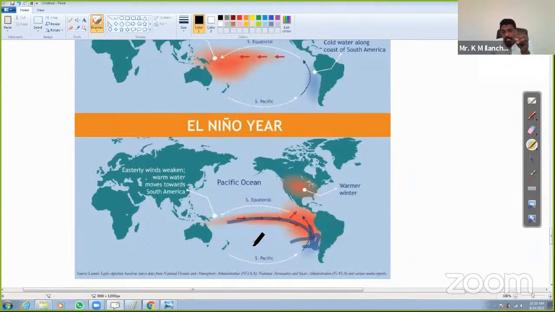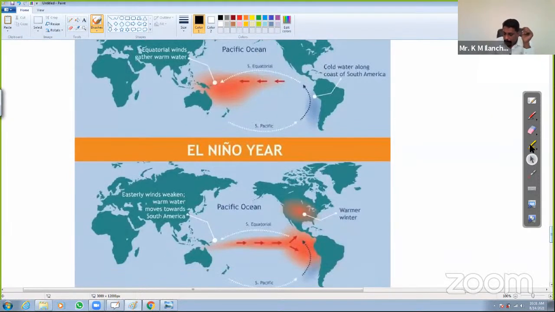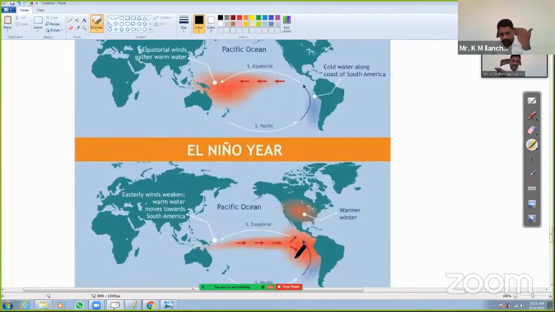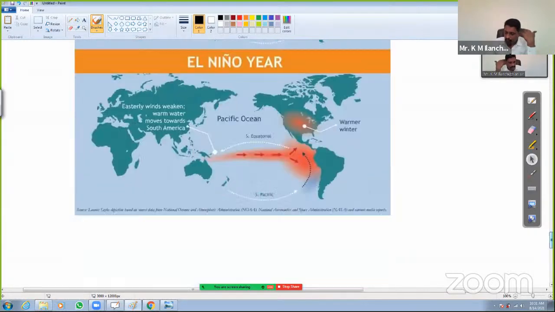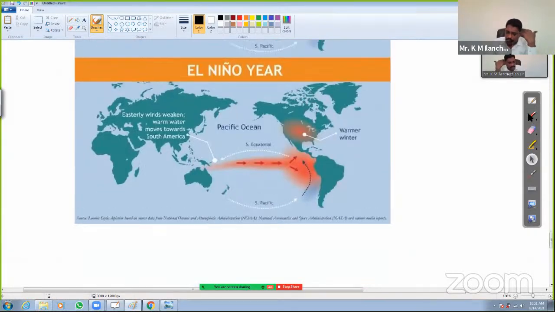This Peruvian current will go missing. So what I want to tell you, El Nino is that condition where the cold Peruvian current will be replaced by warm waters. So during El Nino condition, this Peruvian coast will become warm.